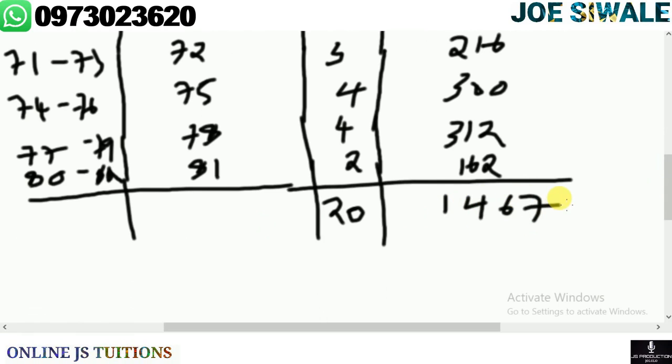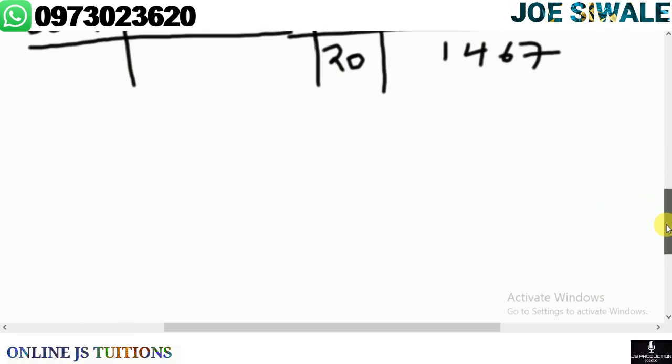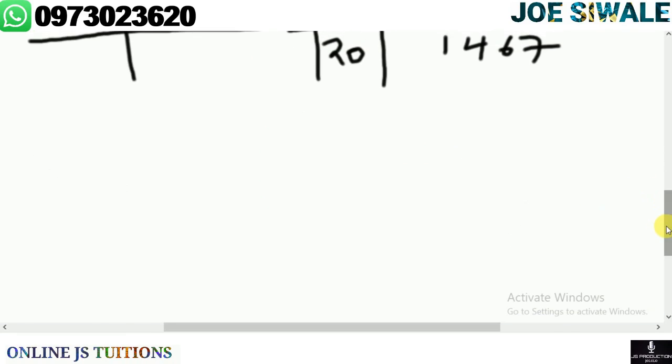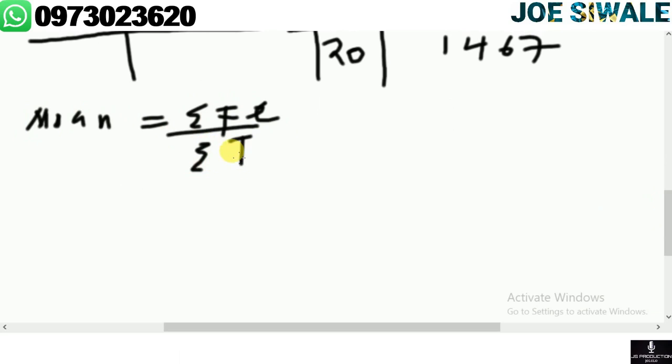1467. So the first thing that we're going to do is find the mean. We find the mean by saying the summation of f of x divided by the summation of f.